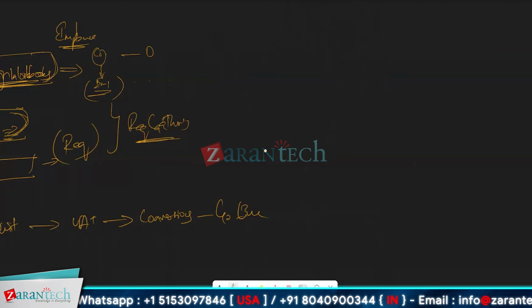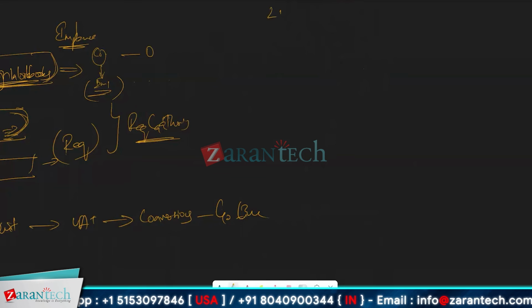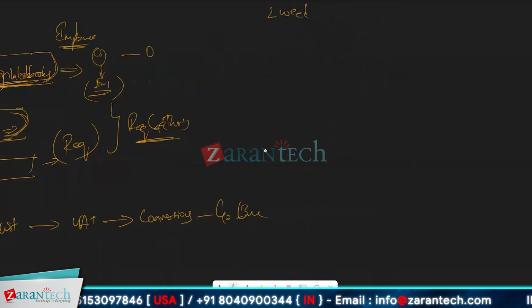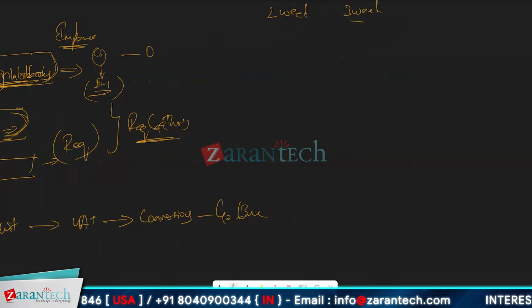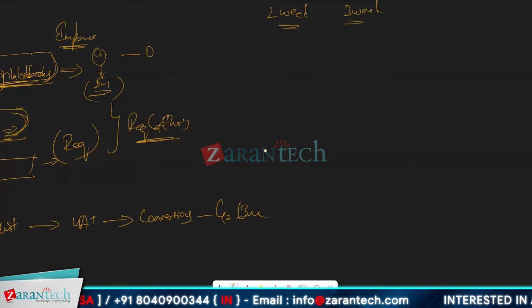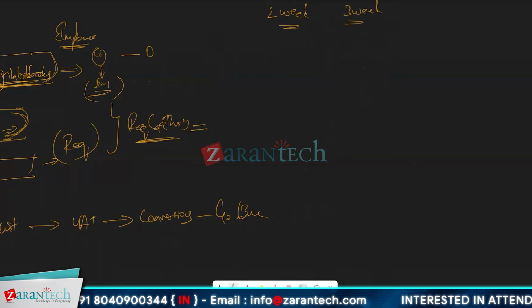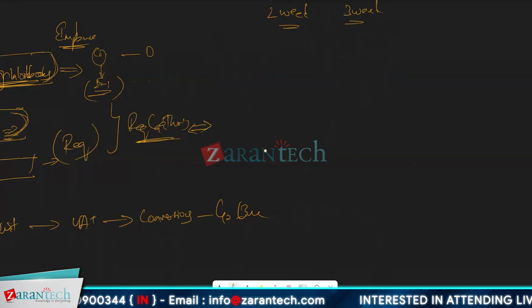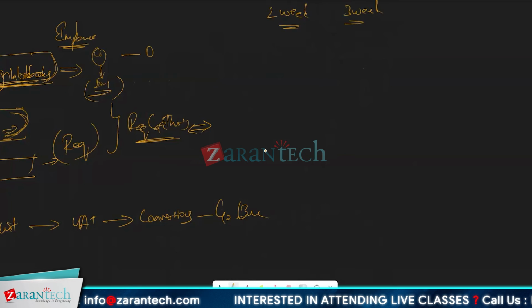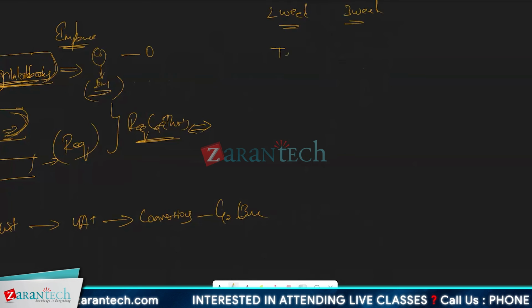So basically sprints can be a 2-week sprint or a 3-week sprint. What they do is, whatever requirements were finalized during the architect phase and architect review phase will now be divided into different tasks.